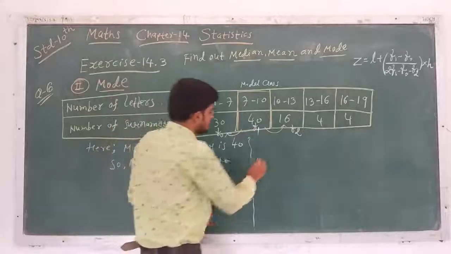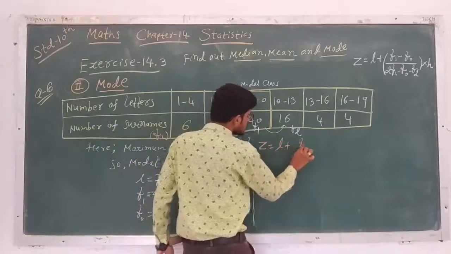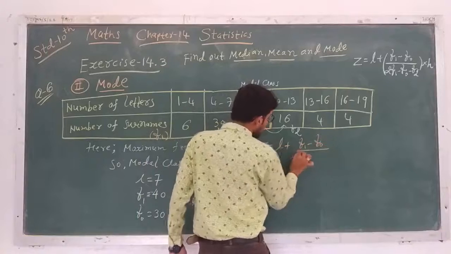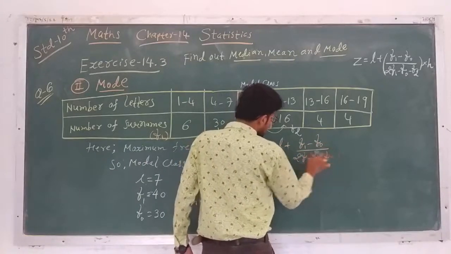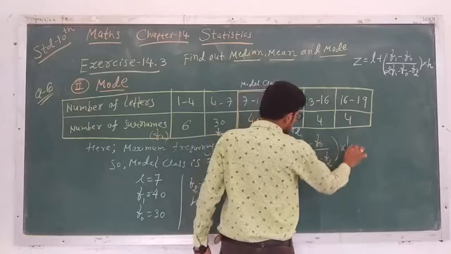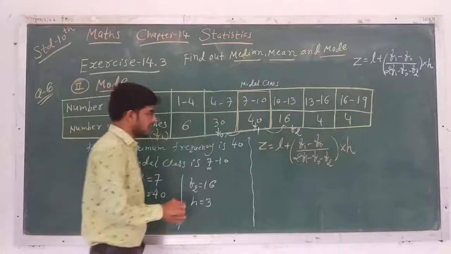So let us start. Z is equal to L plus (F1 minus F0) divided by (2 F1 minus F0 minus F2), multiplied by H. The value of L is 7.